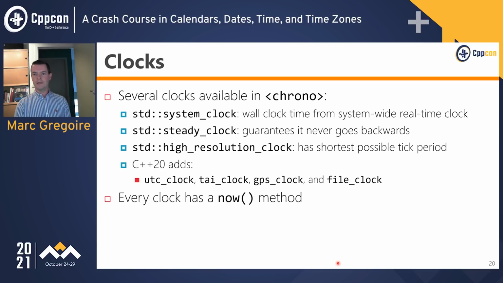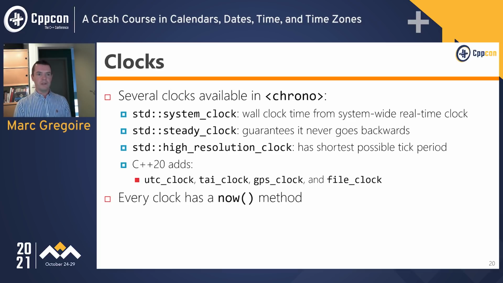That is not guaranteed for a system clock, because the system clock can be adjusted at any point in time. And finally, we have a high-resolution clock. That's a clock with the shortest possible tick period for the platform that you're working on. On some platforms, or for some compilers, the high resolution clock is simply an alias for either the system clock or the steady clock.